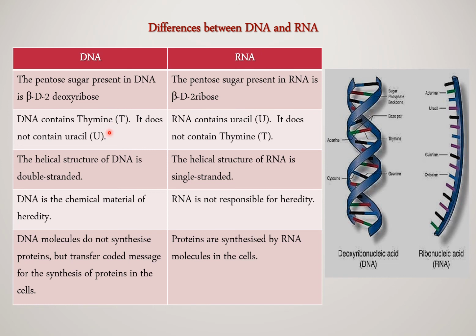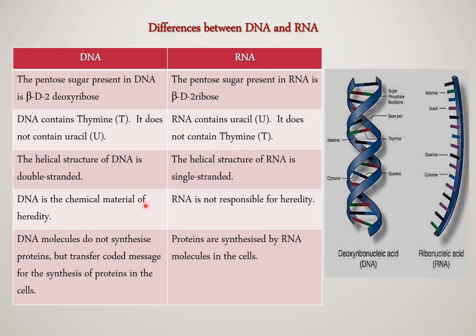The DNA contains thymine, it does not contain uracil, whereas RNA contains uracil, it does not contain thymine. DNA has a double-stranded helical structure. You can see this here, double-stranded helical structure. RNA has a single-stranded helical structure. It's a single strand.